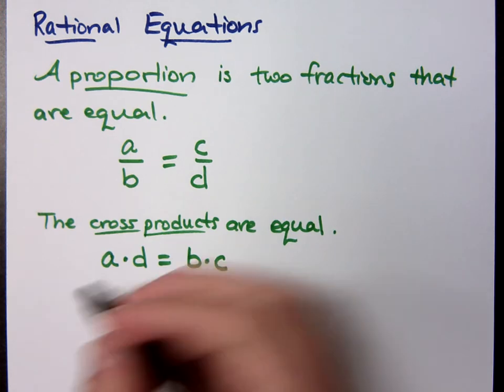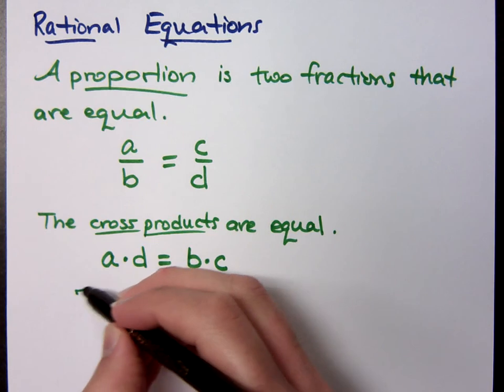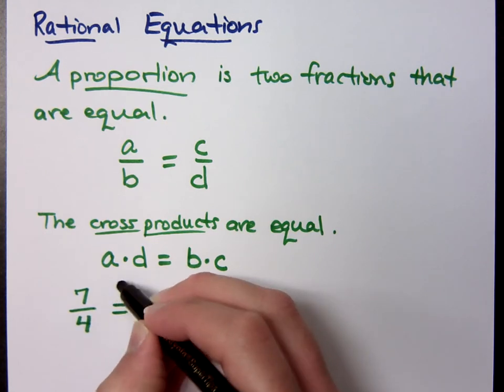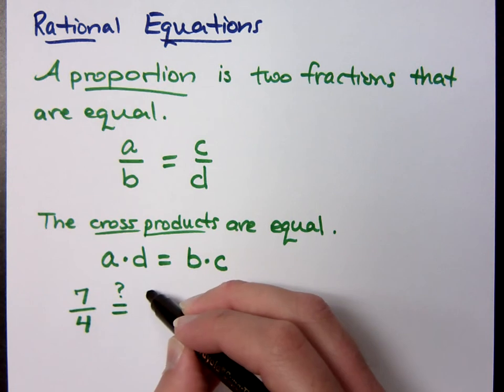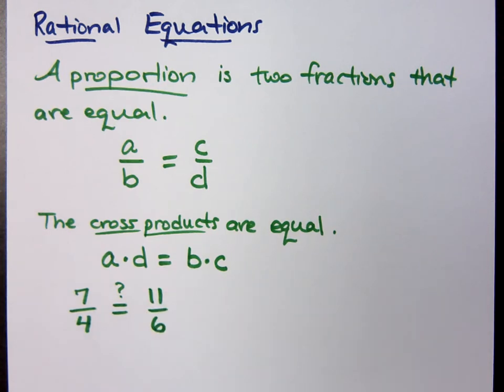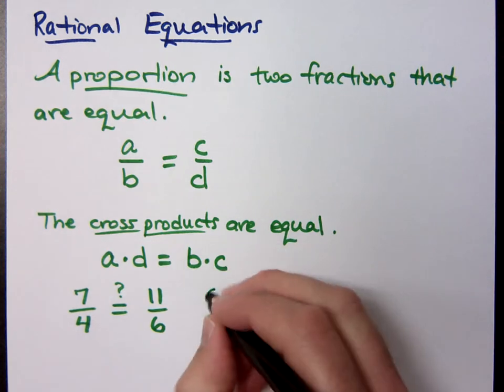Okay, and you did this stuff a long time ago. Like if I had 7 over 4, is this equal to or equivalent to 11 over 6? Are these fractions equivalent? Is this a proportion? The easy way to check this is to check the cross products.